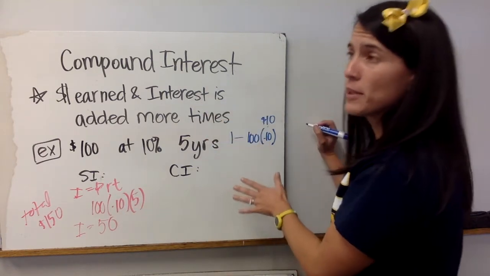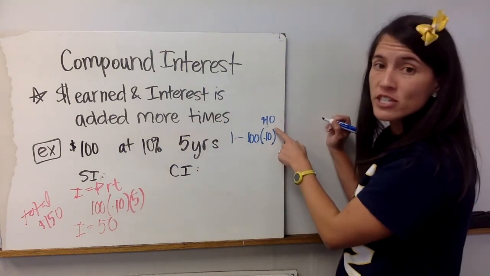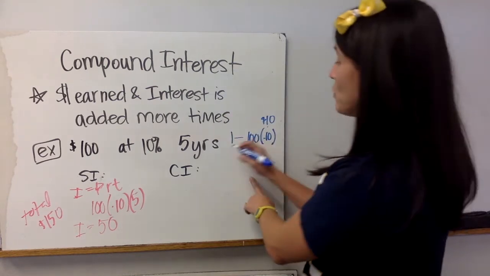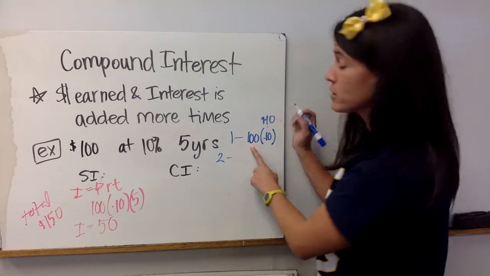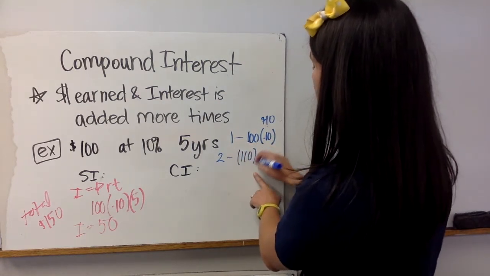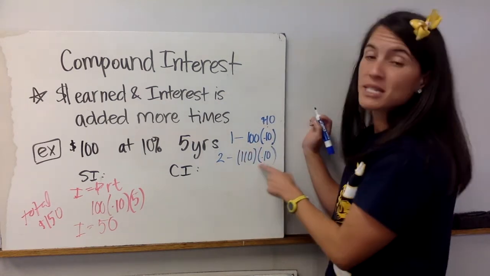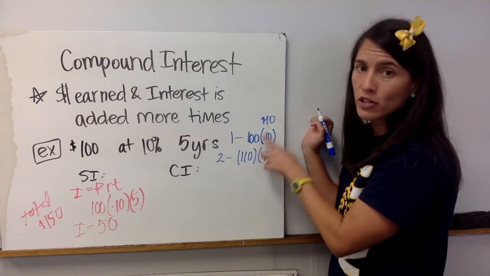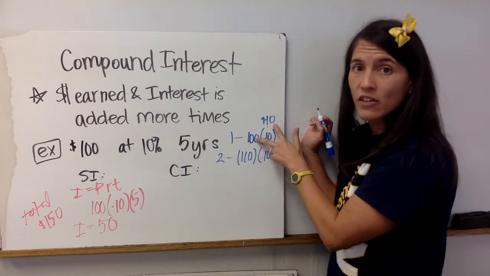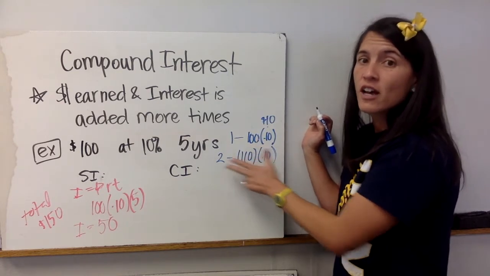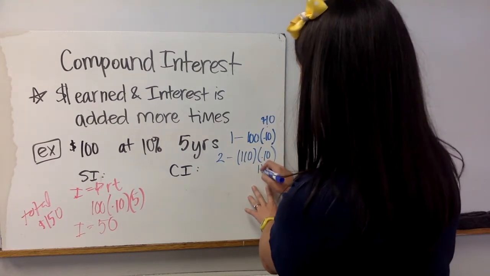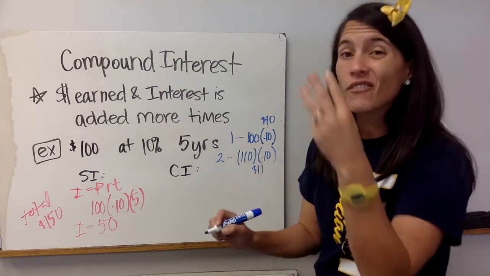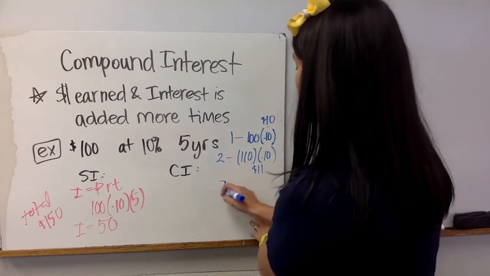The difference is for compound interest, that $10 interest is being added to the principal for year 2. So instead of just $100 for our principal, it's going to be $110 times 10%. Instead of $100, we're adding these two together, and then we're going to find the interest. So $110 and 10% is $11. Then for year 3, we're going to add that on.